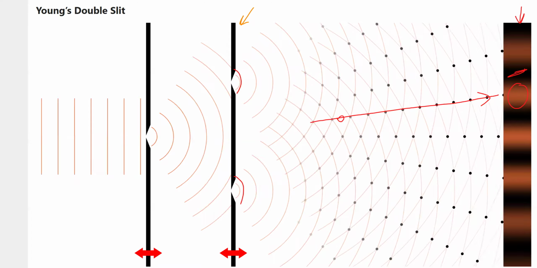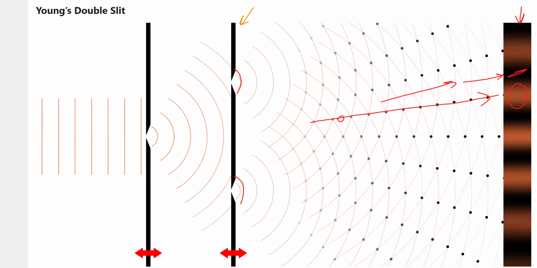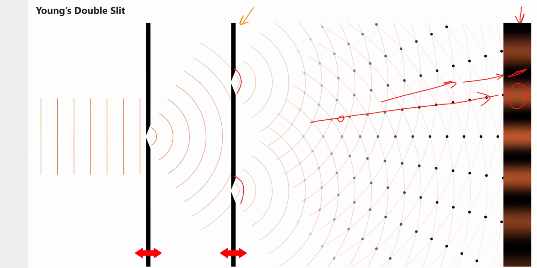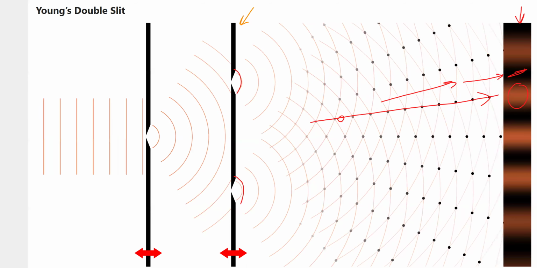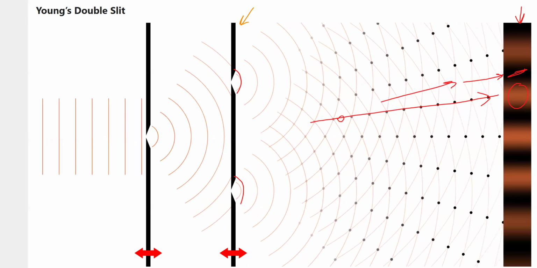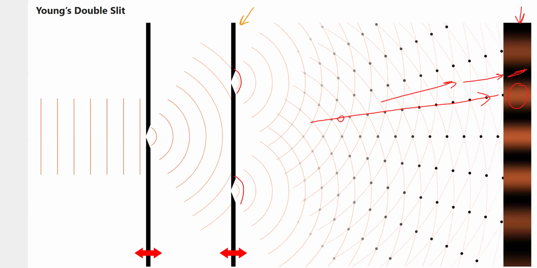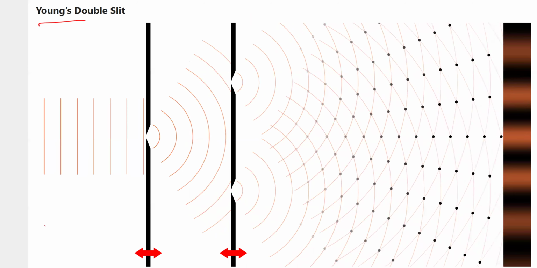And when it is in this place, it means destructive, and destructive gives us a dark band or fringe. So we understand now that light moves as waves, the light waves overlap and interfere with each other, and this interference can be constructive and can be destructive.